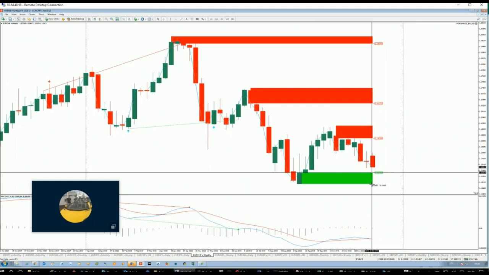So that's about 65 pips, plus, say, 30. Plus, they say 100 pips. Okay, 100 pips stop loss because you don't want to put it directly there. So just about here, really.